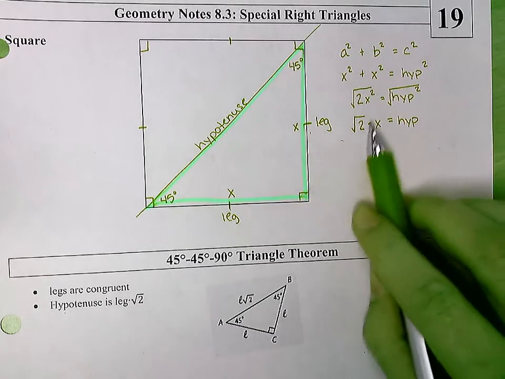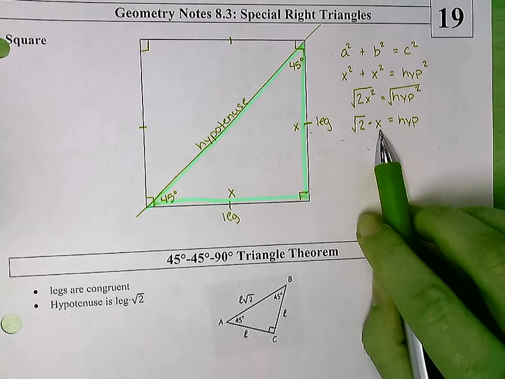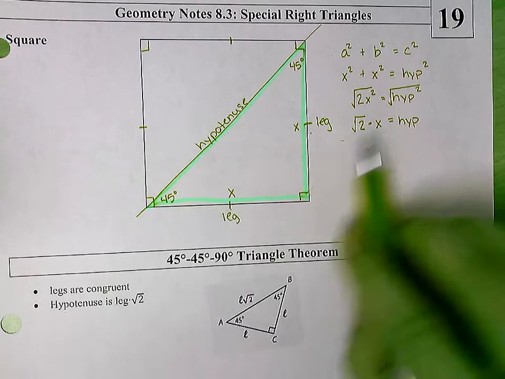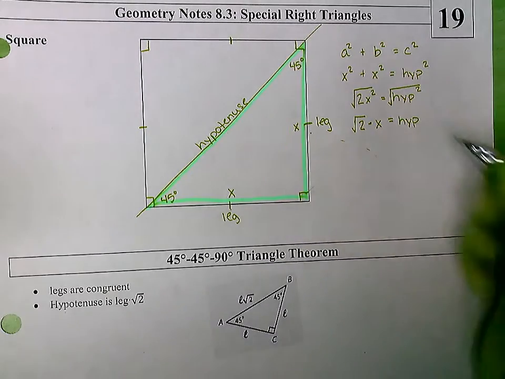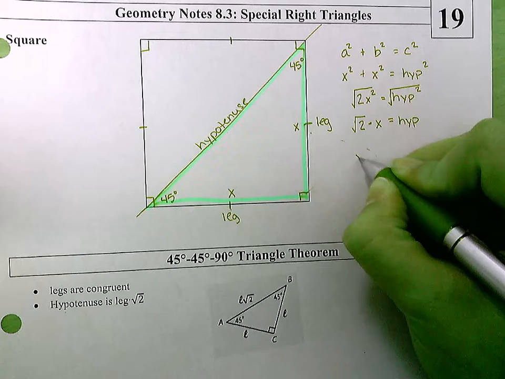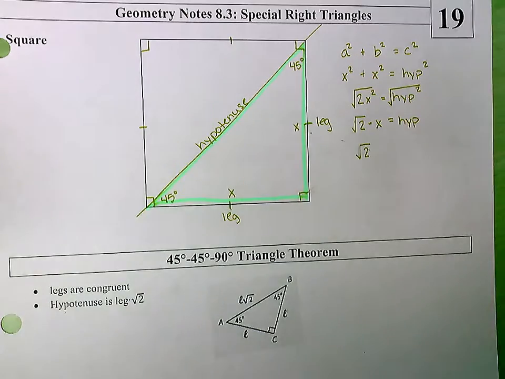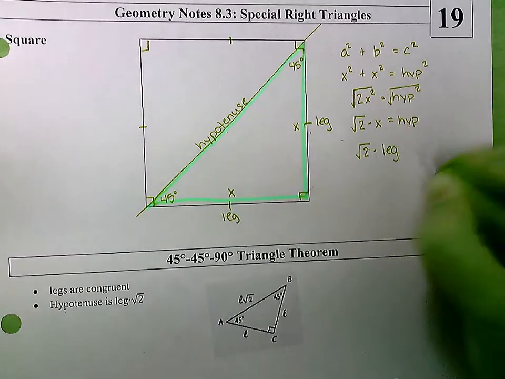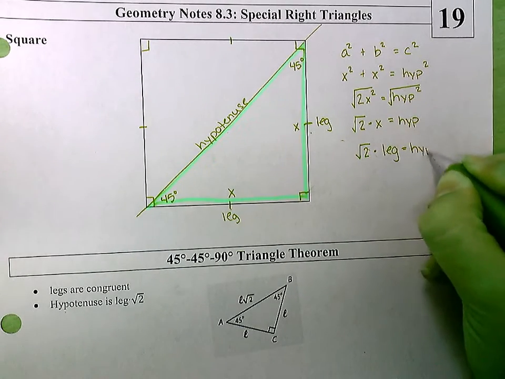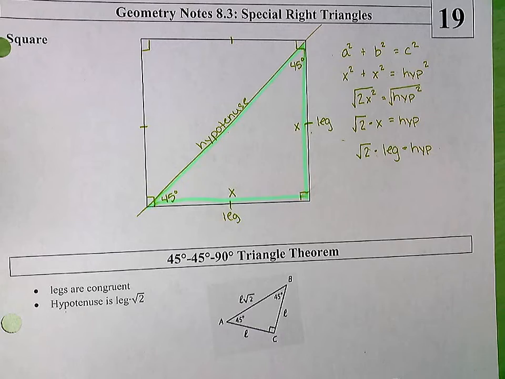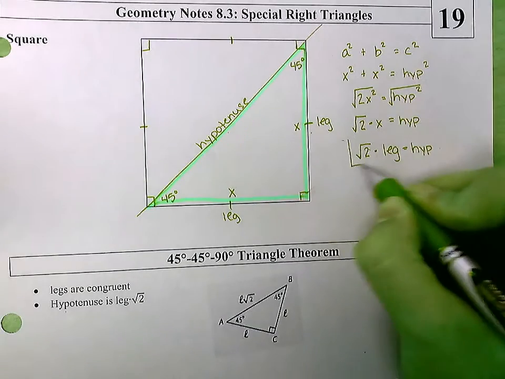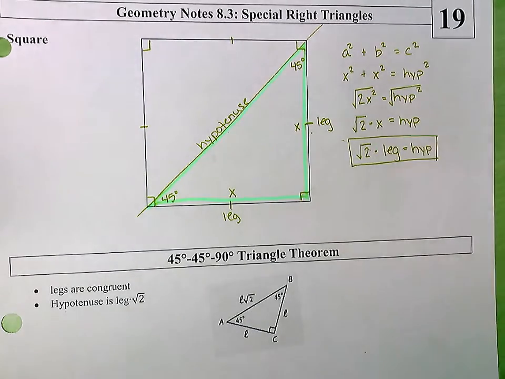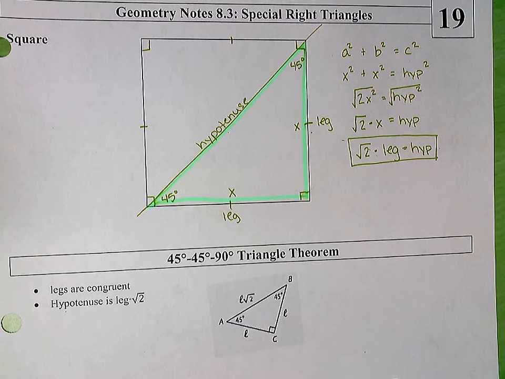Now what did I label x as in my triangle? A leg. So I can take the square root of 2, multiply it by the length of the leg, and it will give me the hypotenuse. That's the rule that we're going to use today.